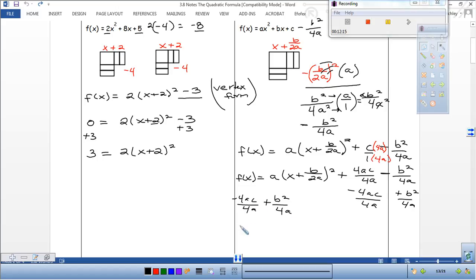So I'm going to get b squared minus 4ac all over 4a. Everyone see how I got that? I just put the b squared first, the positive one first, then minus the 4ac, and it's all over 4a. And that equals the a times the x plus b over 2a, squared.